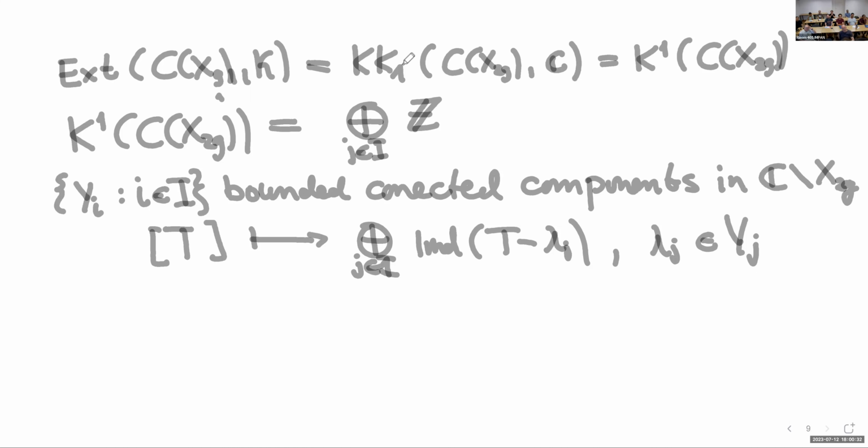If it defines the same class, now we know this index is the winding number. These are functions on a circle, and winding numbers are always zero.